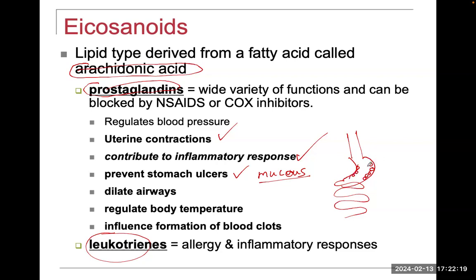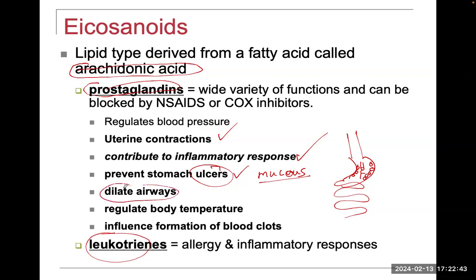They make mucus, which protects the stomach. What do they protect it from? All the hydrochloric acid, the HCl. So if you don't have mucus cells producing mucus, but we have hydrochloric acid, you're going to get an ulcer. So prostaglandins prevent stomach ulcers.